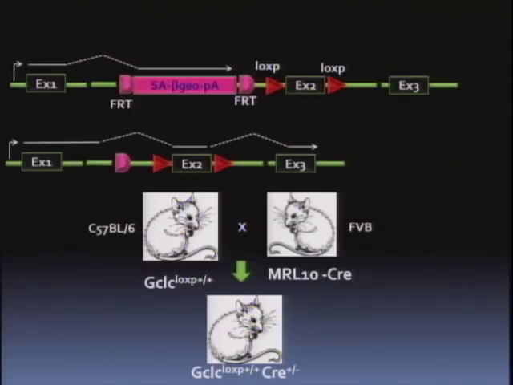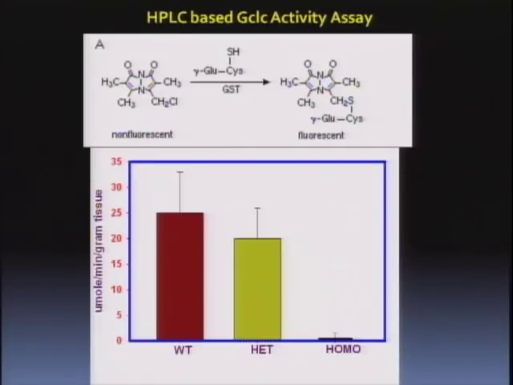So with this in mind, we created a Lox-P Cre system, a conditional knockout of lens fiber epithelial glutathione de novo synthesis, GCLC. In these knockout mice, the GCLC activity, which is responsible for glutathione synthesis, was almost abolished in the homozygous knockout mice.